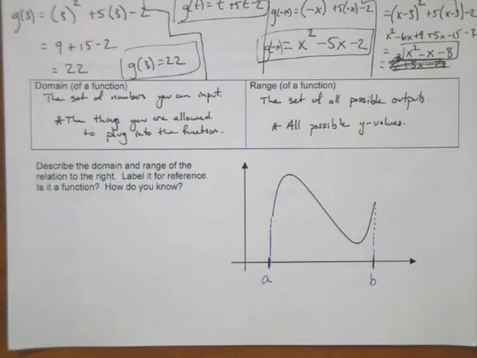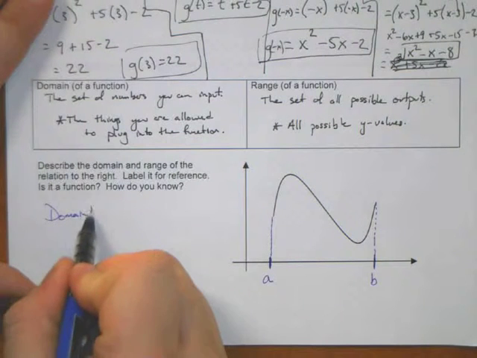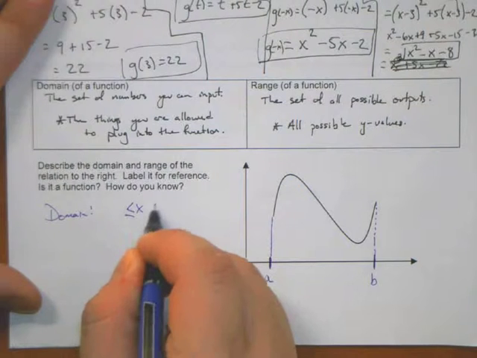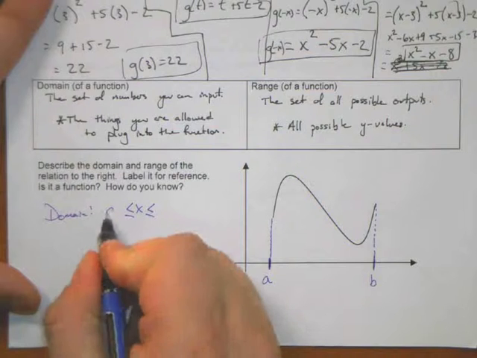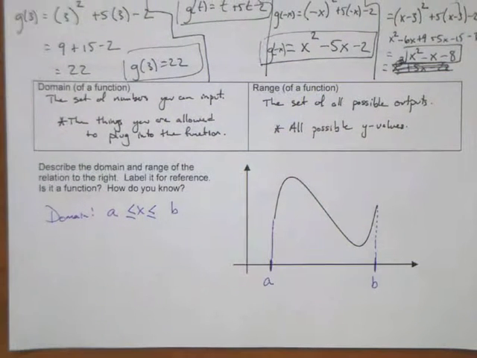I can plug in any x on the number line between that first value and that last value, A and B. So in this case, the domain would be x is stuck between, it looks like it's somewhere between that first value and the last value, is how I would write the domain and range for this kind of crazy function. It has no given value.